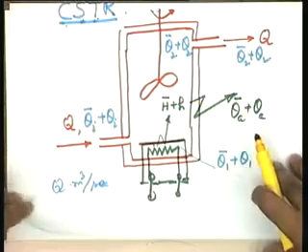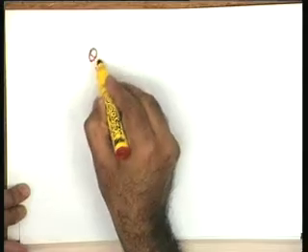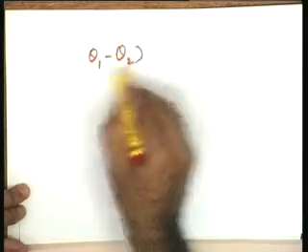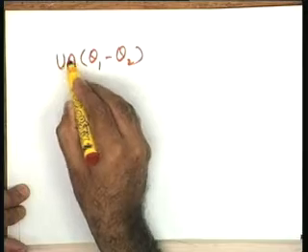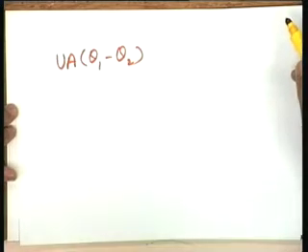Now, again at this particular point the equation can be written as theta 1 is the temperature of the heater, theta 2 is the temperature of the liquid mass, and therefore the rate at which the heat is being given to the liquid is UA into theta 1 minus theta 2.